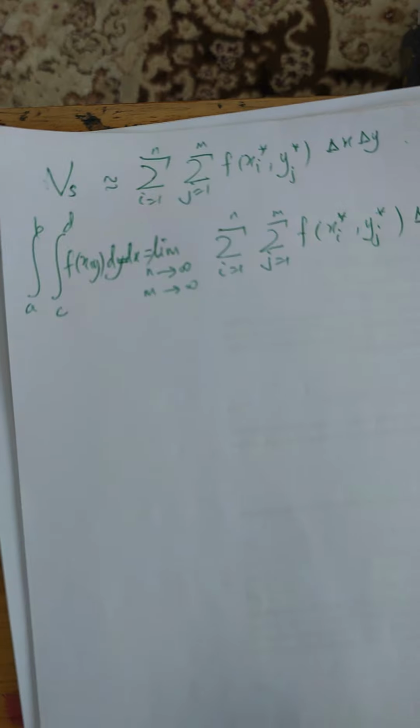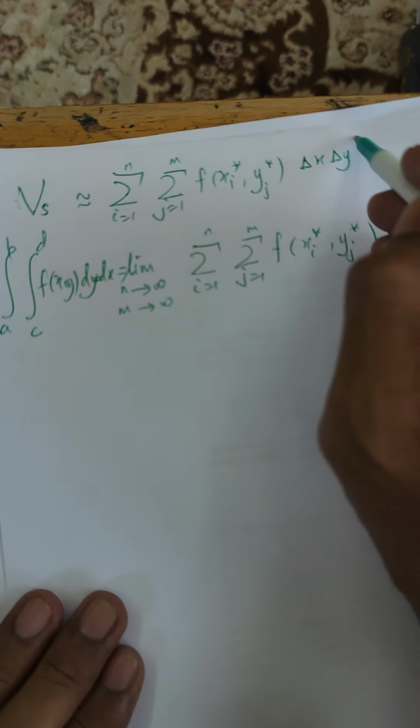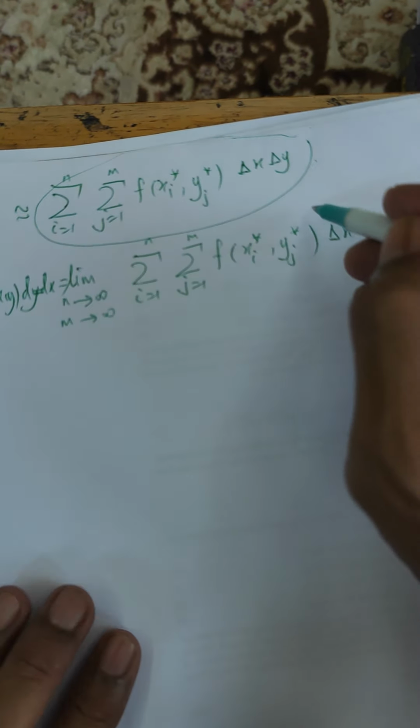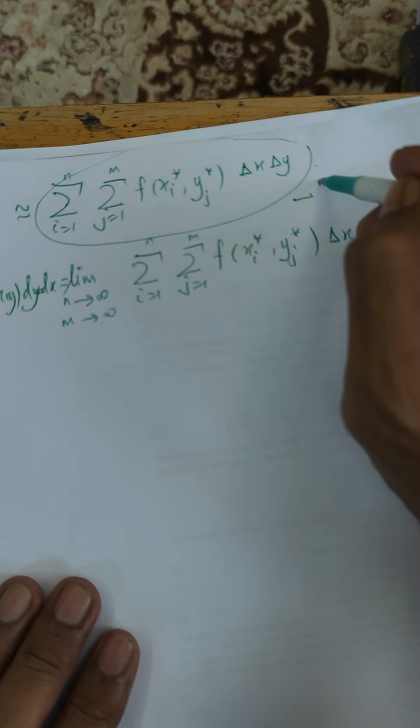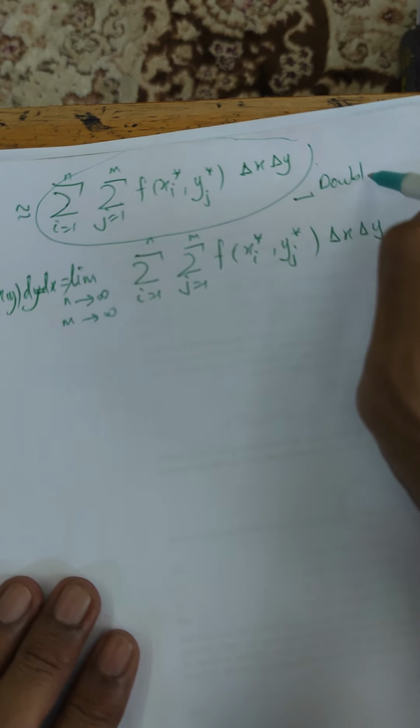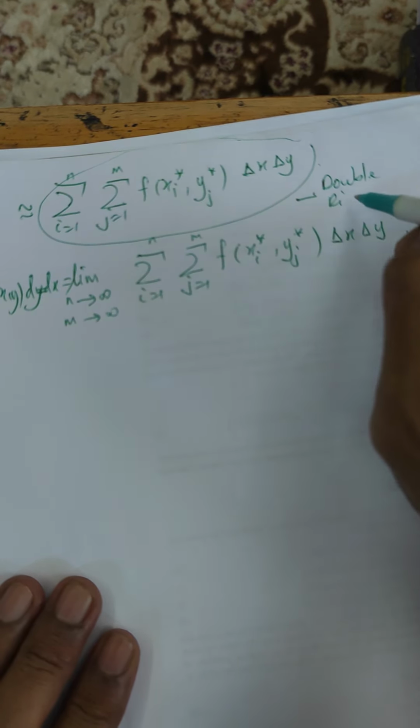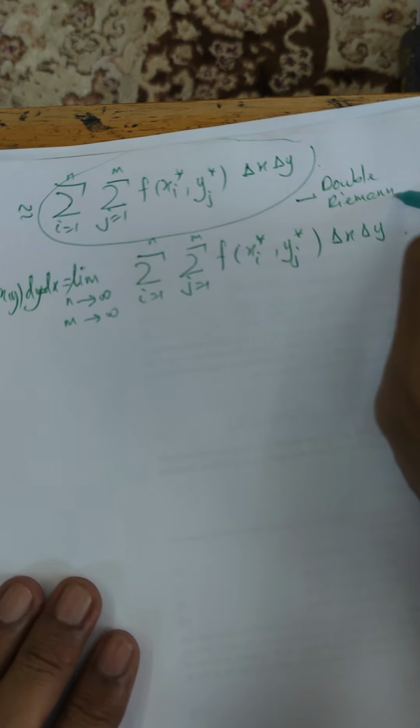And this part here, we call it a double Riemann sum.